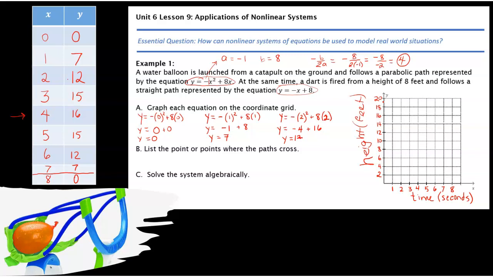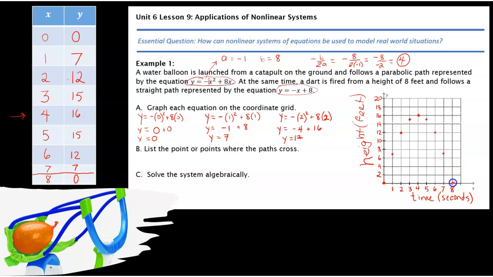All right, and then from there, you guys know what to do. Plot your points. We have 0, 0. We have 1, 7. We have 2, 12. 3, 15. 4, 16, which was our highest point, and then that water balloon starts to come right back down. 5, 15. 6, 12. 7, 7.